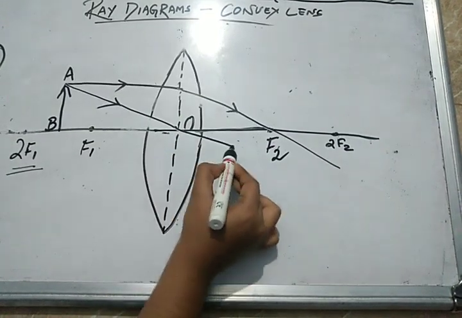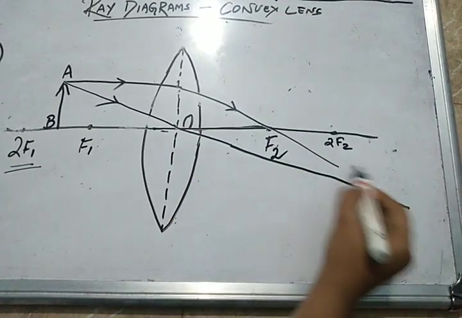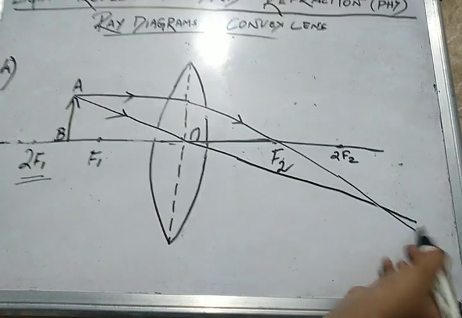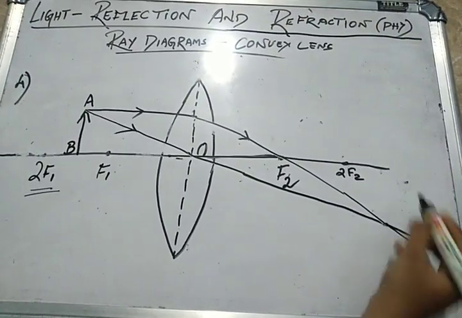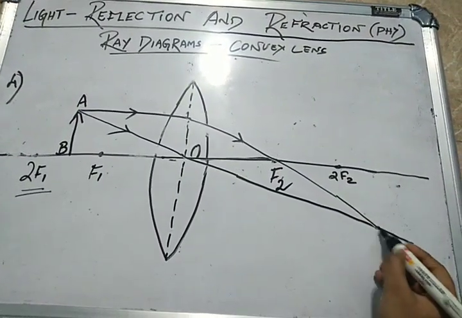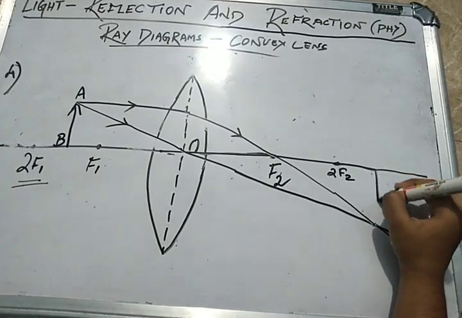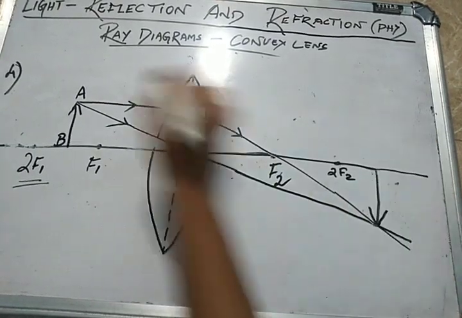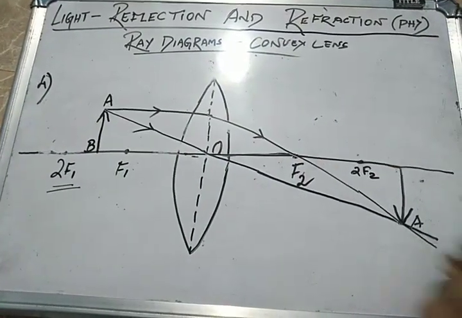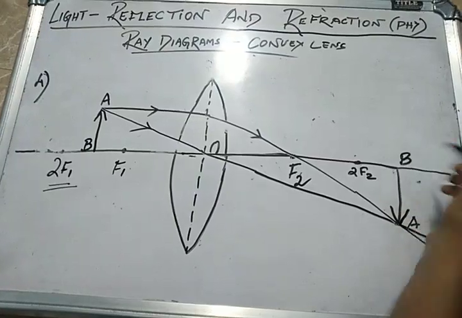It emerges like this. I extend this ray so that they meet at a point. It meets at this point. So here my image is formed. This is A, I mark A over here. This is B, I mark B over here.